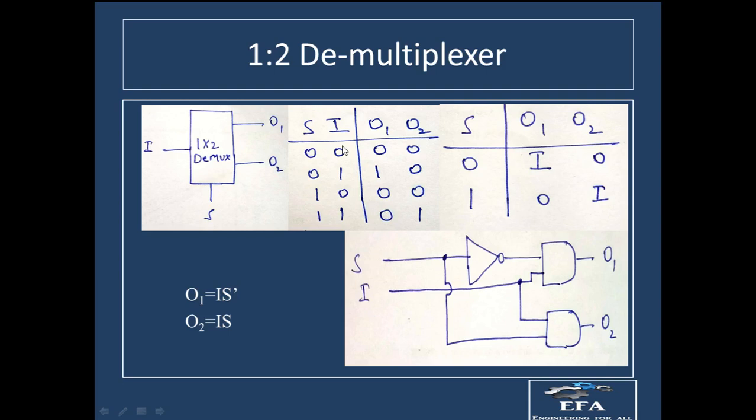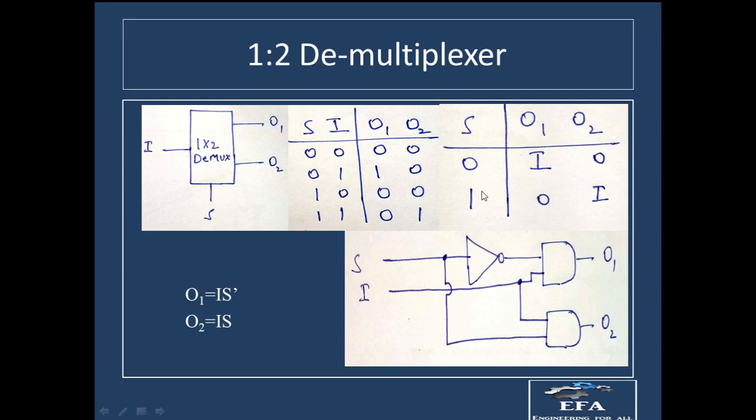The second method is a shorter method. In this case we have only the select line at the input side, and O1 and O2 at the output side. We have two values of s, either 0 or 1. Whenever s is equal to 0, the input which is coming will go to O1, so at O1 we put I, whatever is the value coming at the input.